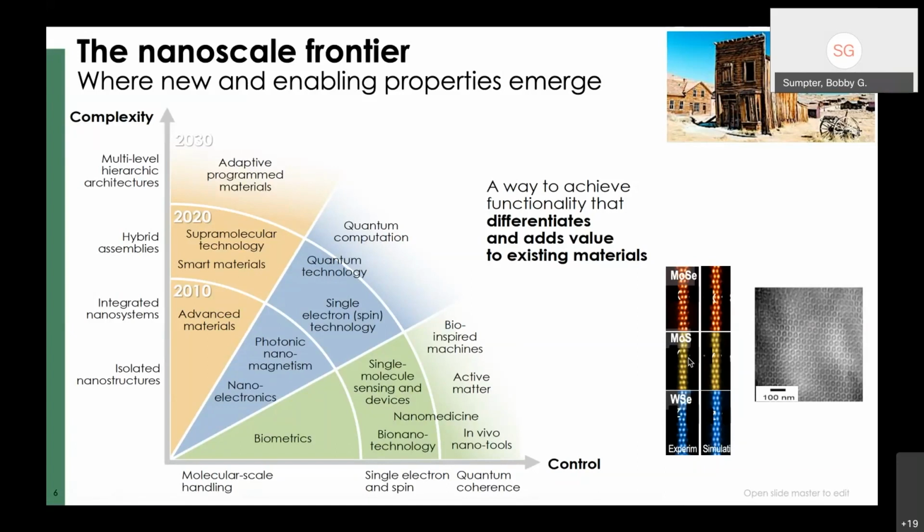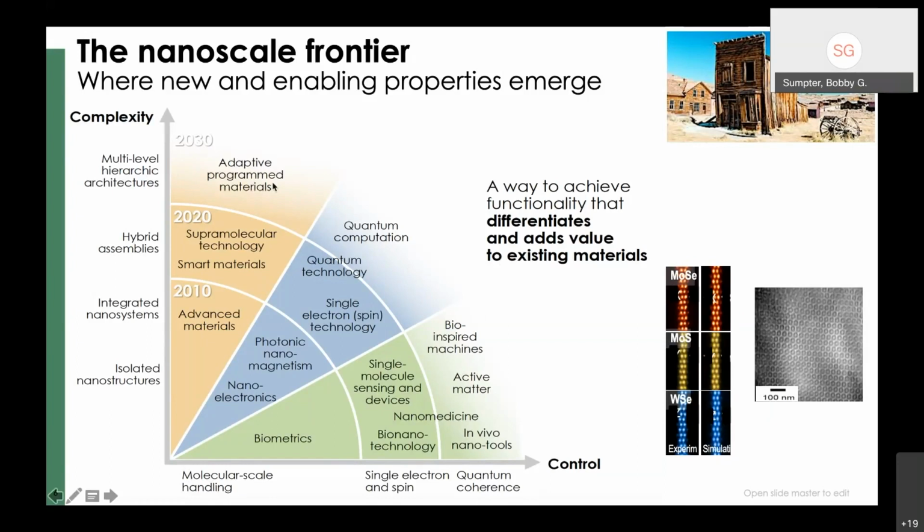And so we started thinking, well, if we could control it really, really precisely from molecular scales all the way down to a single electron scale, then we could start devising and investigating new types of complexity, things like quantum computing, personalized medicine, adaptive and programmable materials.